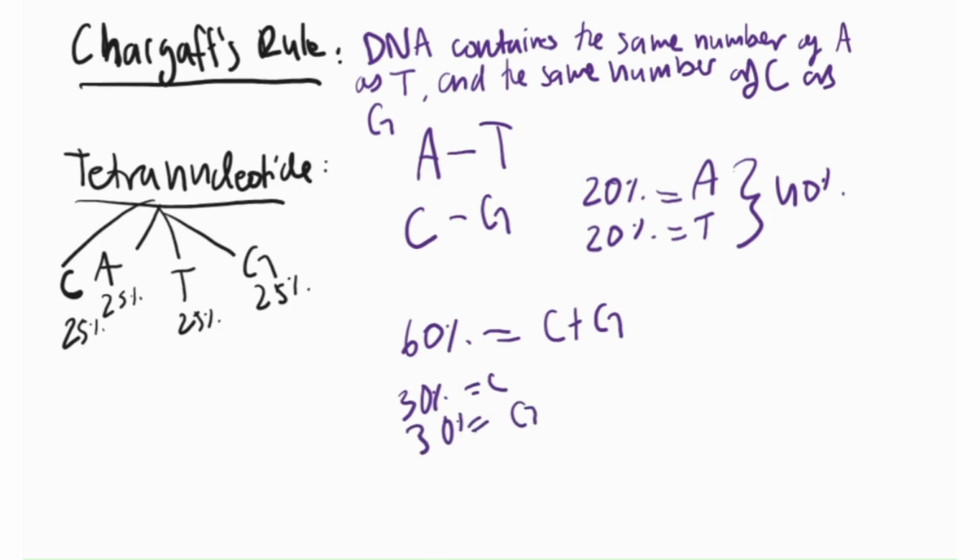But notice how these proportions are not exactly the same. They're not all 25%. They have their own proportions in relation to one another. And I know it's a bit confusing, but these subtle nuances are what allow DNA to have variation and allow for variation within our populations.